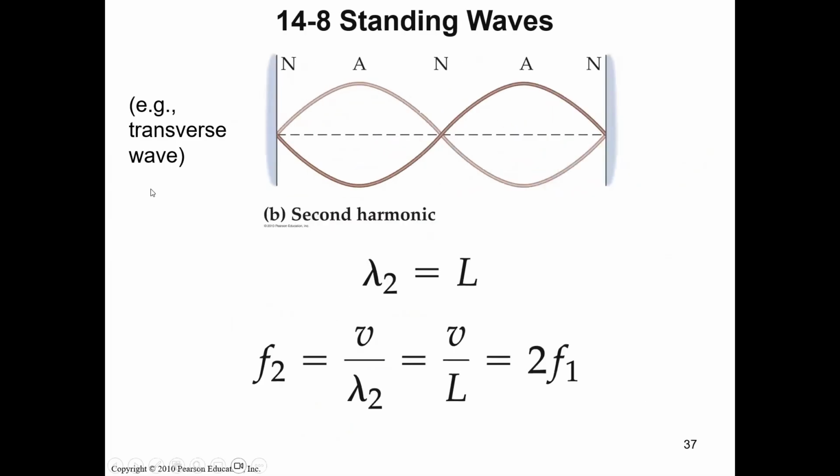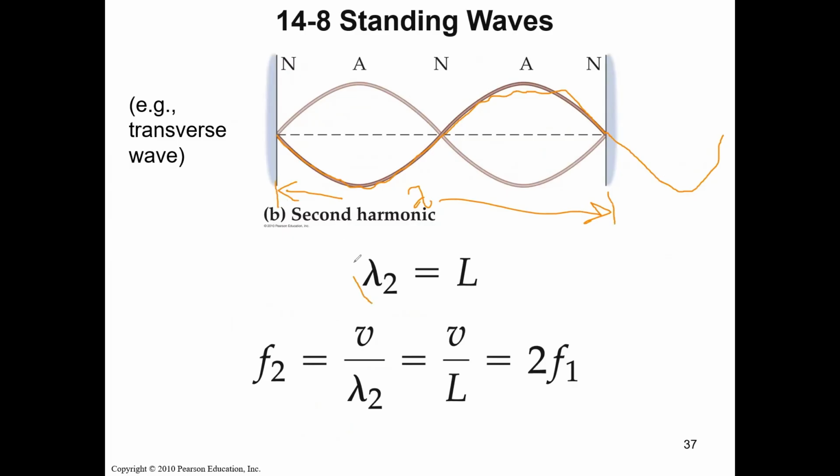Now let's move to the second harmonic, right? The second harmonic basically has a full wave. So there is this, and it goes here, and if you keep drawing, it will repeat itself, right? So from the left wall to the right wall is basically one period or one wavelength of this wave.